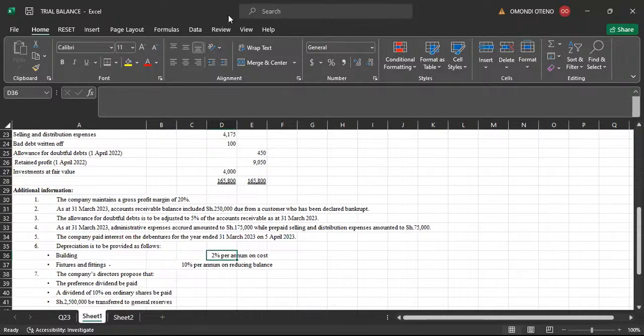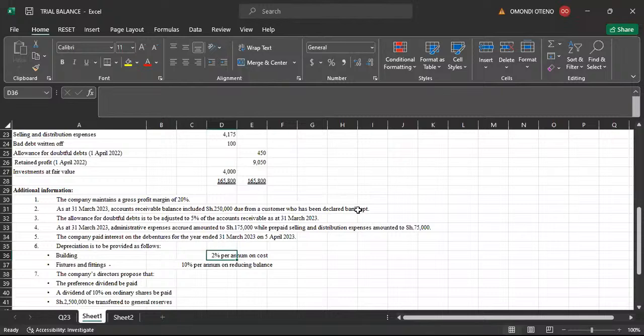I believe so. So we have additional information here. The company maintains a gross profit margin of 20%. Then as at 31st of March 2023, accounts receivable balance included 250,000 due from a customer who had been declared bankrupt.